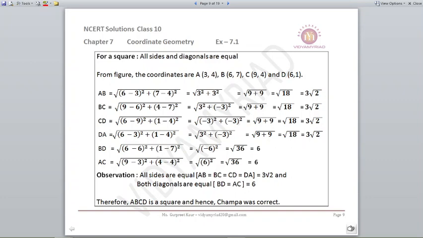So one thing is clear, all the sides are equal. Now let us check the diagonals. When we solve BD, your answer is 6. And AC, your answer is 6. So according to this information, all the sides are equal and your diagonals are equal. It means ABCD is a square and hence Champa was correct.